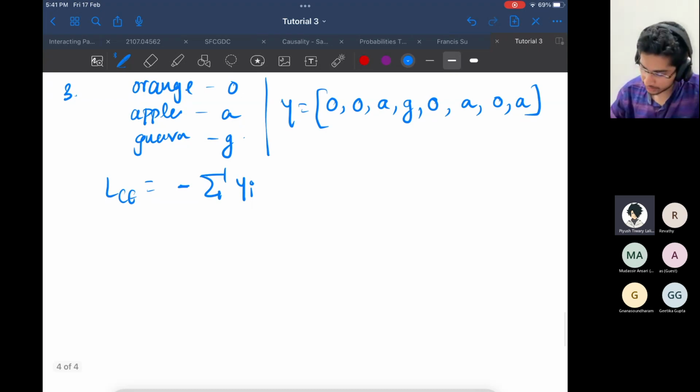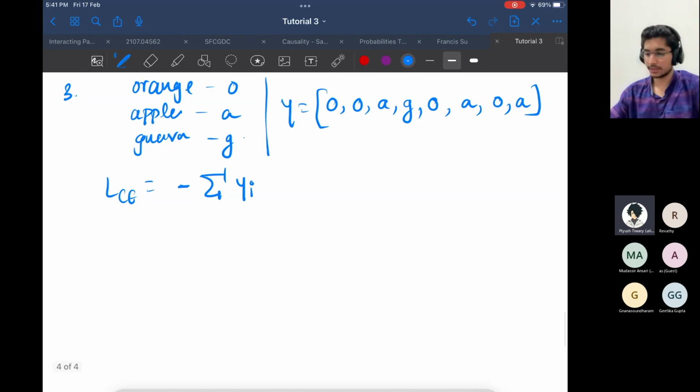So yi is the true label, the true distribution, and yi hat is the predicted distribution.